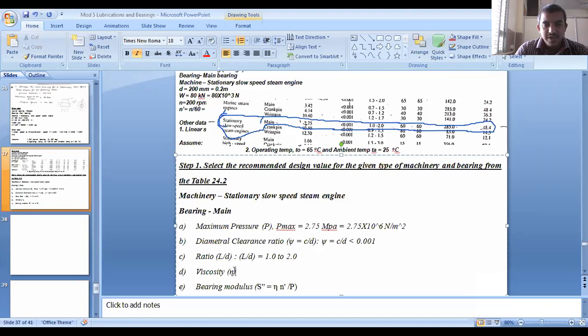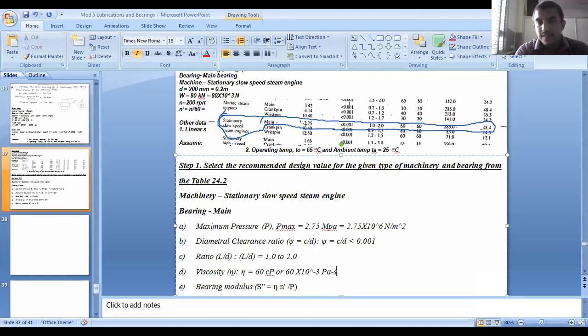You should take the viscosity in both units: one is centipoise, another is Pascal second. Viscosity is equal to 16 centipoise, or 16 into 10 raised to power of minus 3 Pascal second or Newton second per meter square.